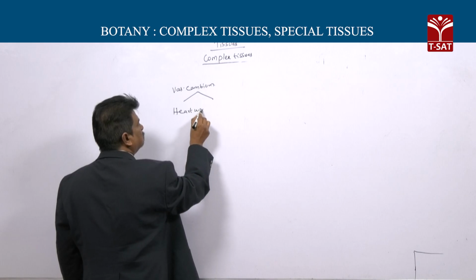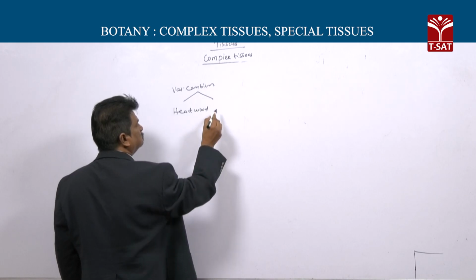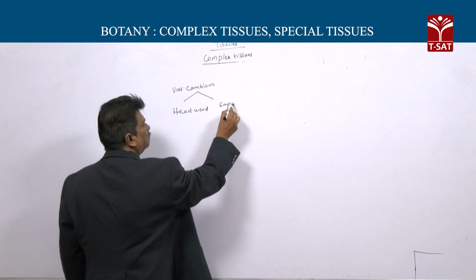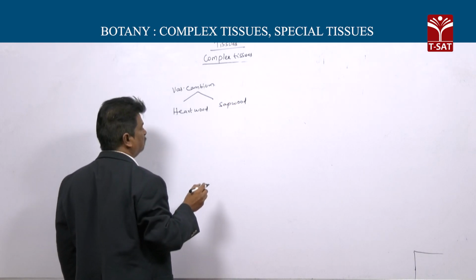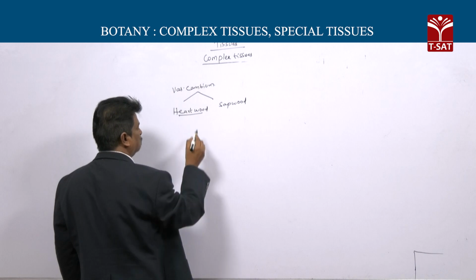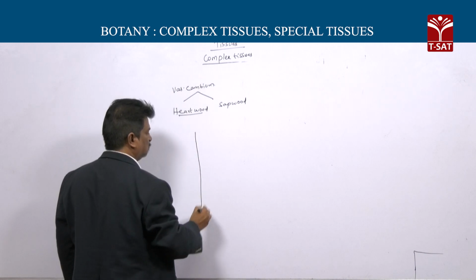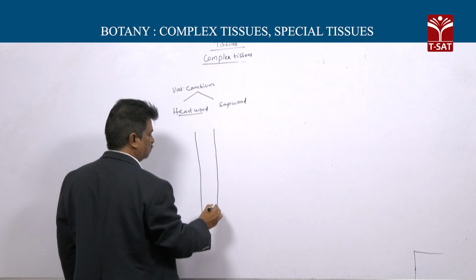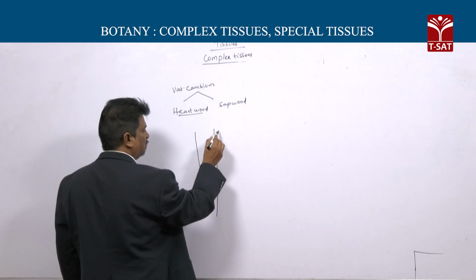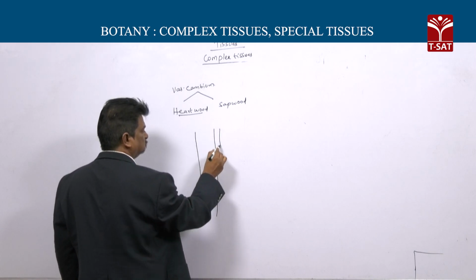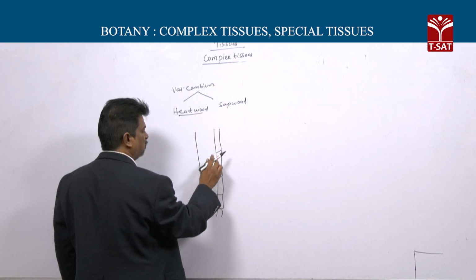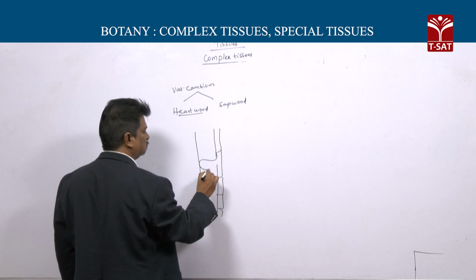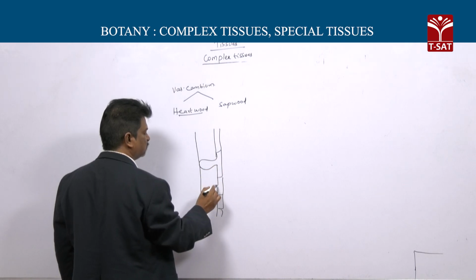One is heartwood and second one is sapwood. Here, vessels of heartwood are blocked by balloon-like structures.